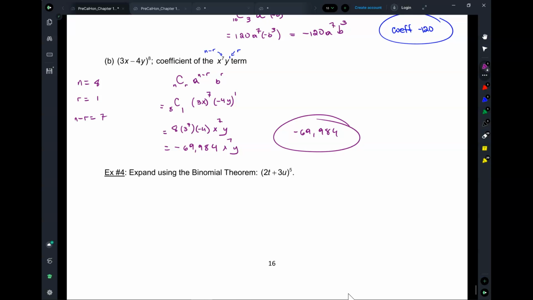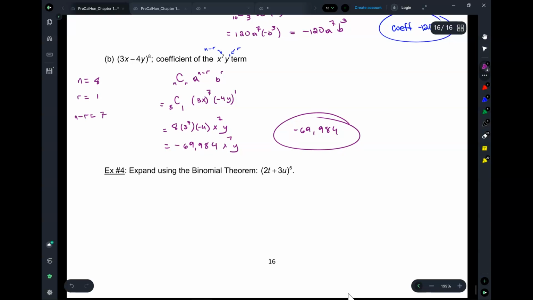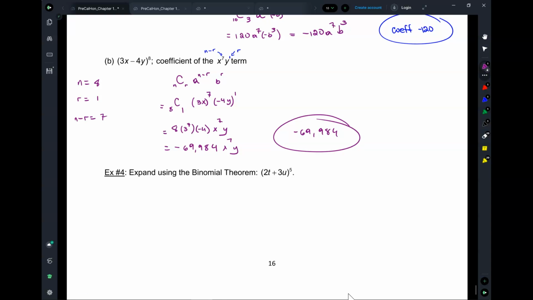Now this one we're going to expand using the binomial theorem. So, here's how you can do it without writing too much. So it's C(5, 0), 2t to the 5, 3u to the 0.